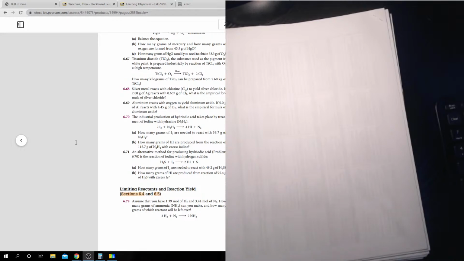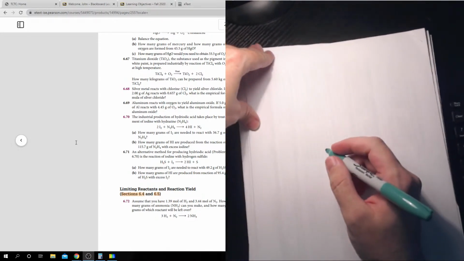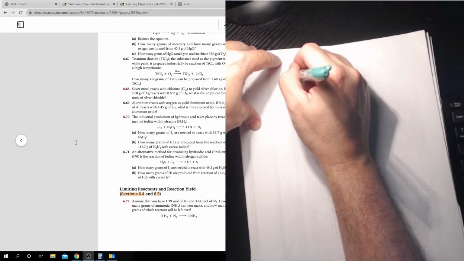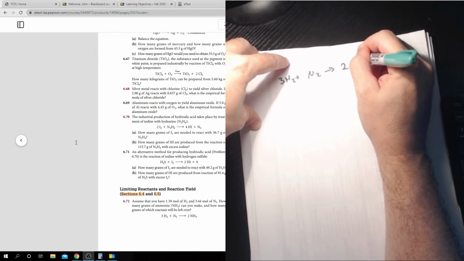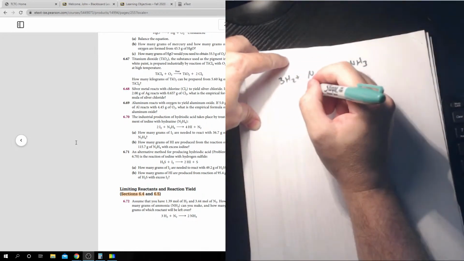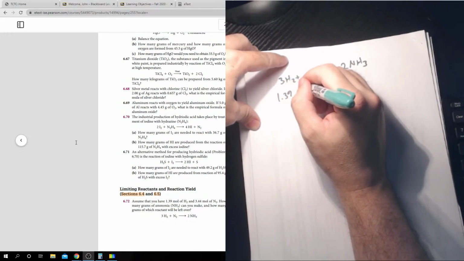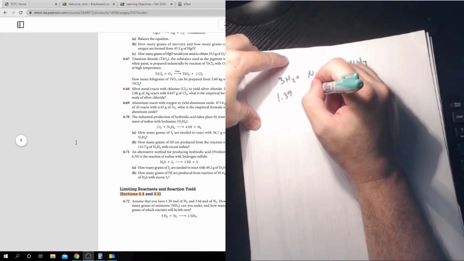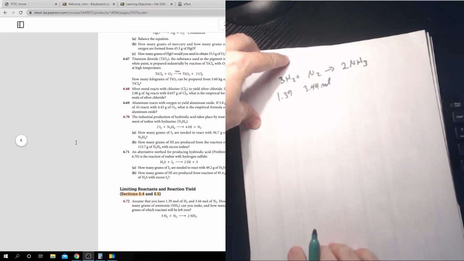We are now dealing with ammonia, so I'm switching to green. 3H2 plus N2 yields 2NH3. We have 1.39 moles of hydrogen and 3.44 moles of nitrogen.